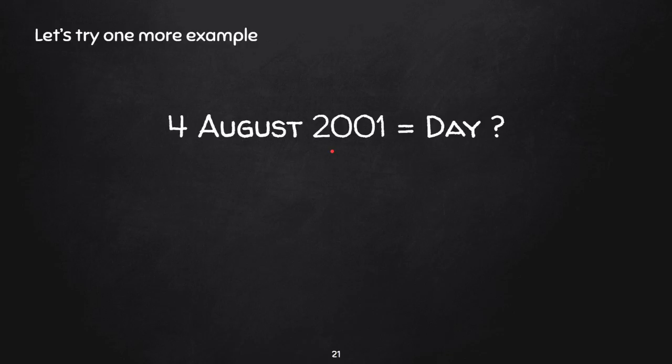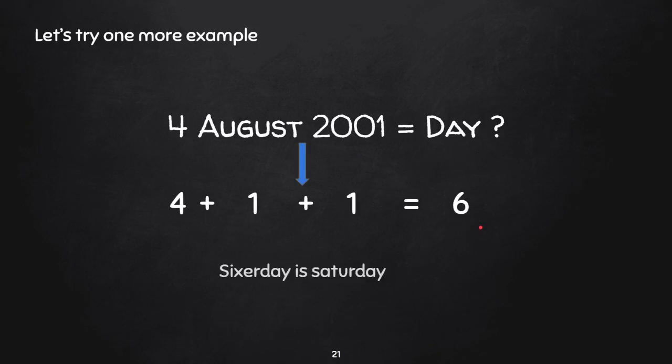And we have already memorized the code for year 2001, which is 1. So we get the formula as 4 plus 1 plus 1, which is simply equal to 6. Now, which weekday has a code of 6? From the mnemonic we remember, the 6th day is Saturday.